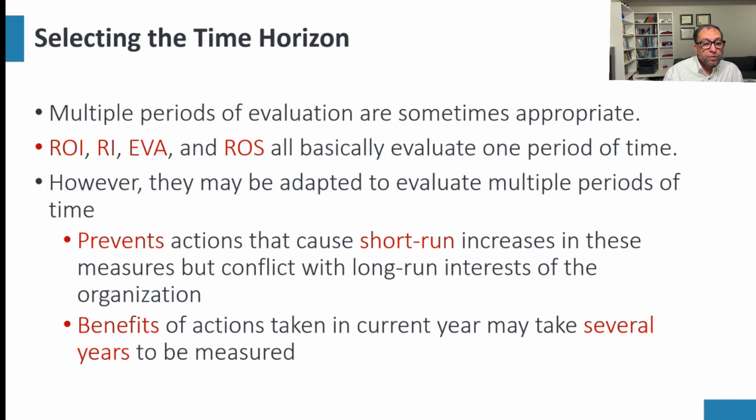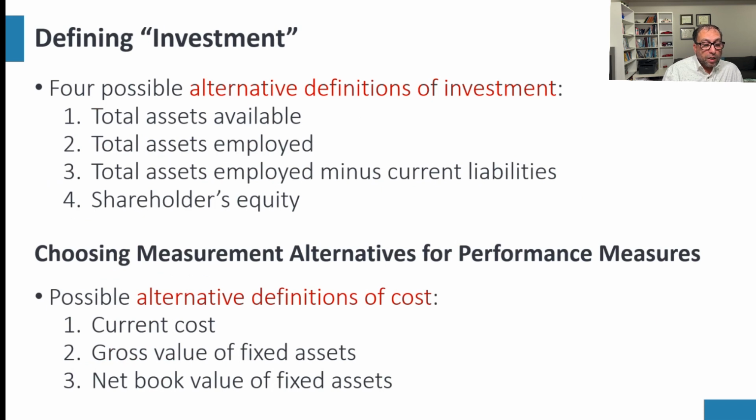So now, how do we define the investment, because we are calculating return on investment. There are four possible alternative definitions of investment: total assets available, total assets employed, total assets employed minus current liabilities, or shareholders' equity.